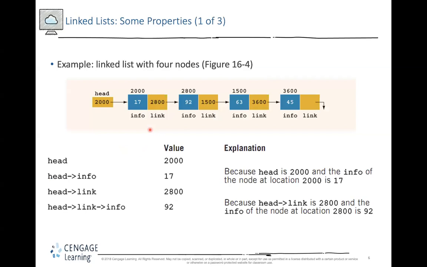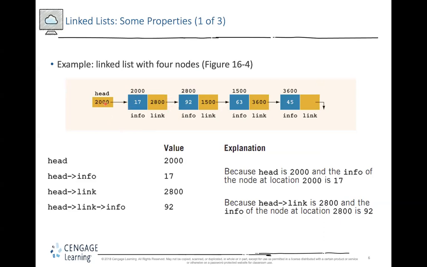So here we have an example again, and at the top of each node, you see an address. Assuming hypothetically, this first node is at memory location 2000, and the last one is at memory location 3600. Now every pointer's value is a memory location, the address of a node.